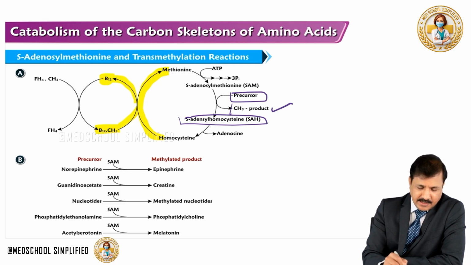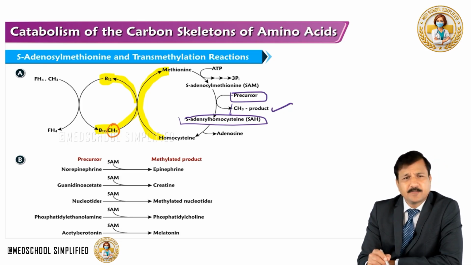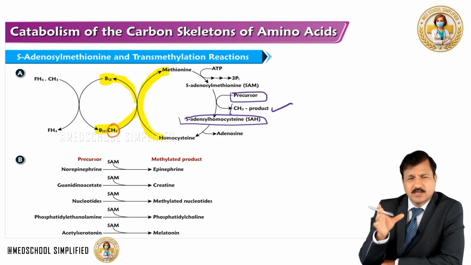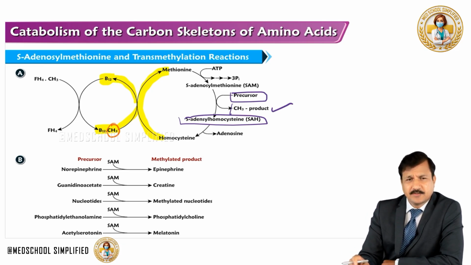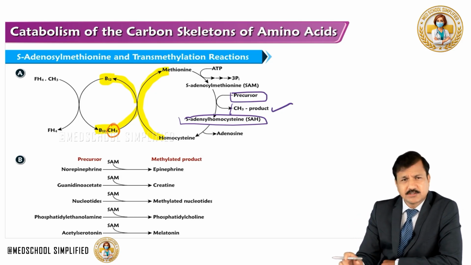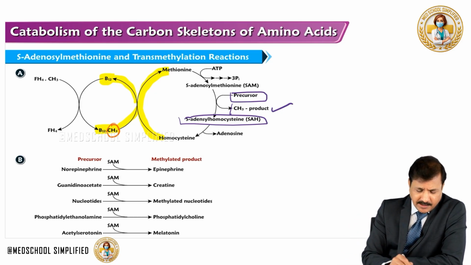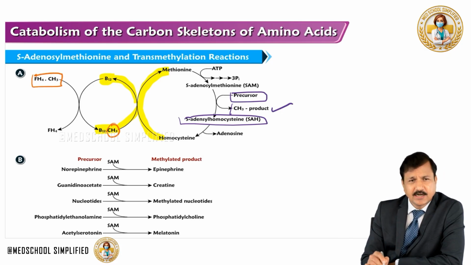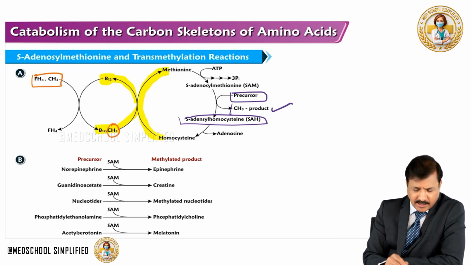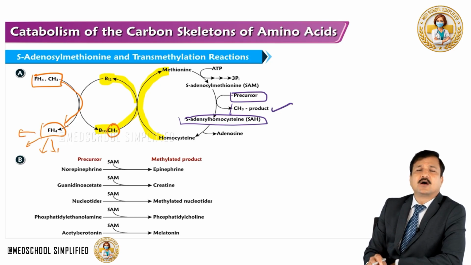Now the cobalamin has to be converted back into methylcobalamin so that methylcobalamin levels are sufficiently available to convert homocysteine into methionine. That is done by N5-methyl tetrahydrofolate, which donates its methyl group and goes out as tetrahydrofolate, and tetrahydrofolate can go into different tetrahydrofolate formation.